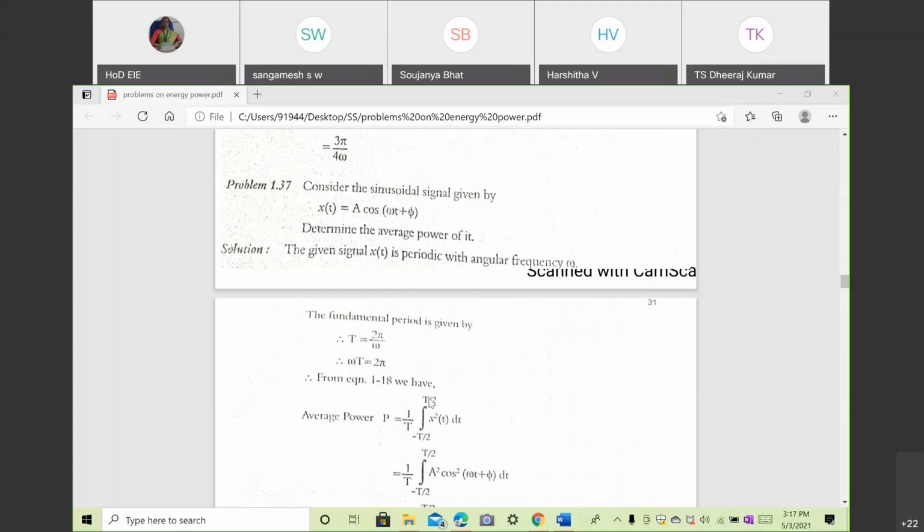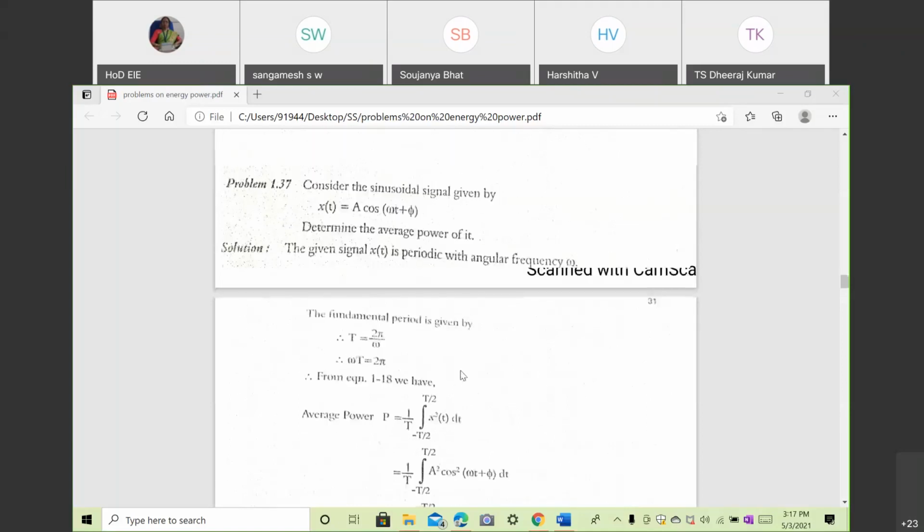Then we have the average power equation, P equal to 1 by T, integral from minus T by 2 to plus T by 2, where capital T is one complete period, of x square of t dt.